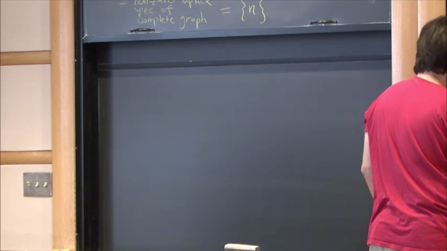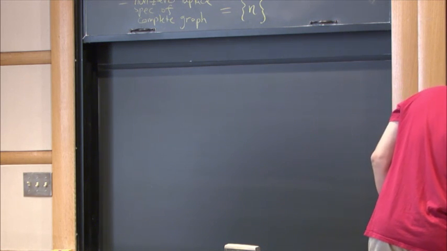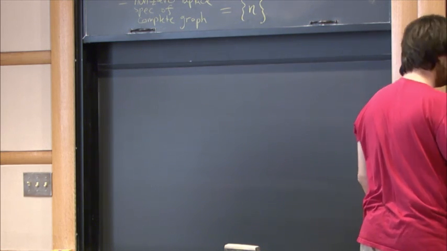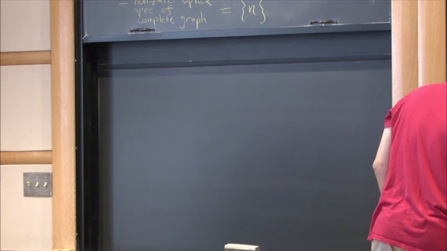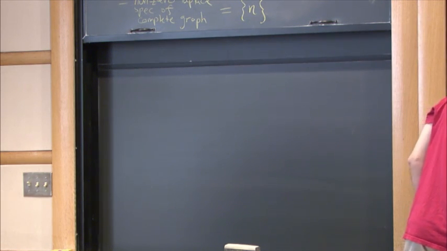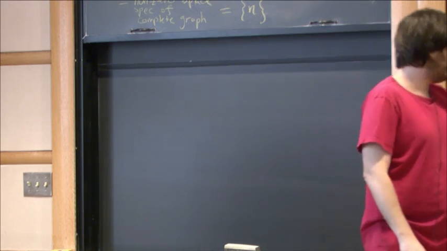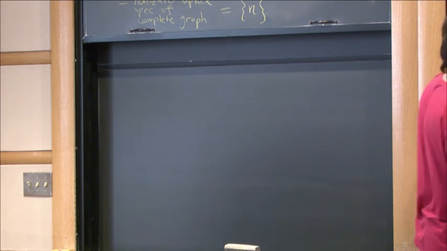This is k over n, and now this will be delta.